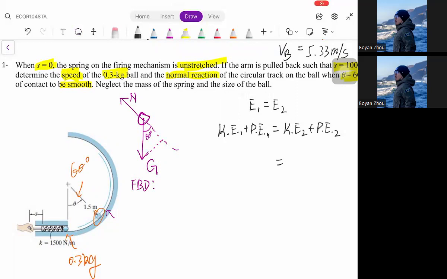The kinetic energy at the first moment is 0, since nothing is moving, plus the potential energy. The only potential energy you have is the potential energy in the spring, which is half kx squared.